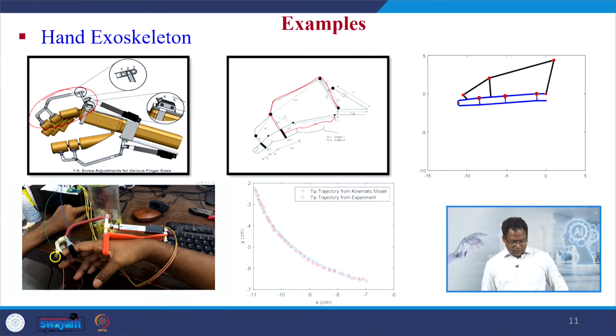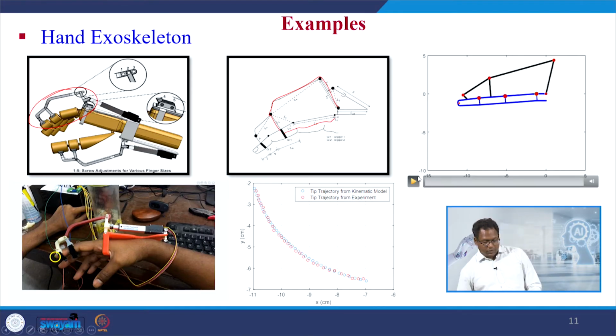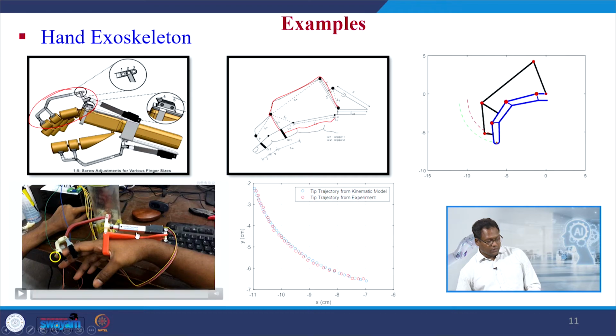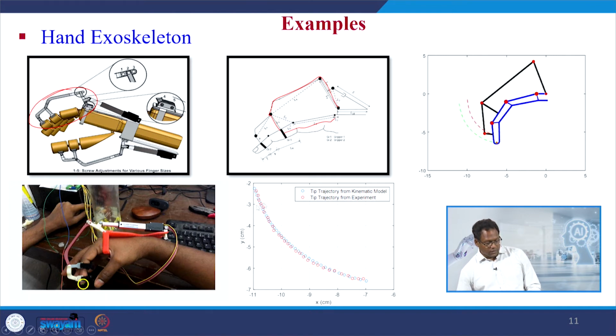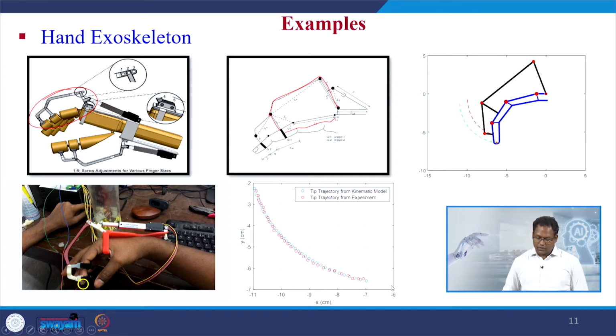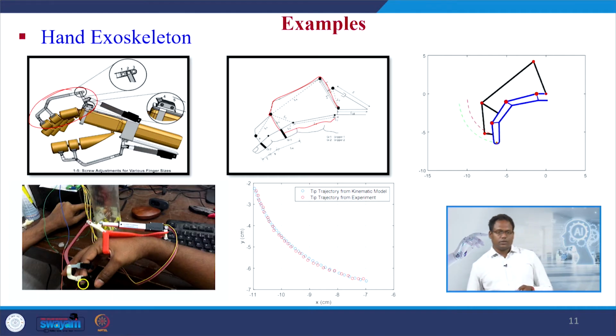We have tested the kinematic validation. We first simulated it with the kinematic model that we made, and then we validated it. We moved the real system placed on the human hand and took the trajectory, and we could see that the true trajectories almost match perfectly, and hence our kinematic model is validated.